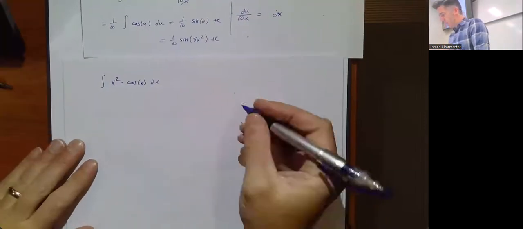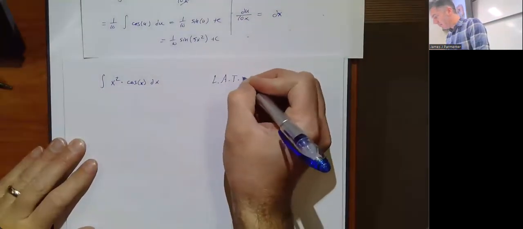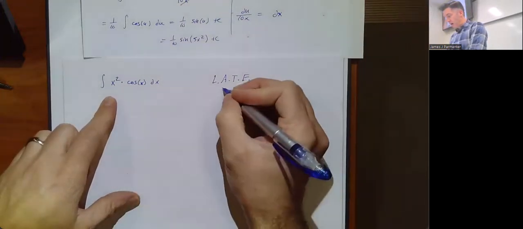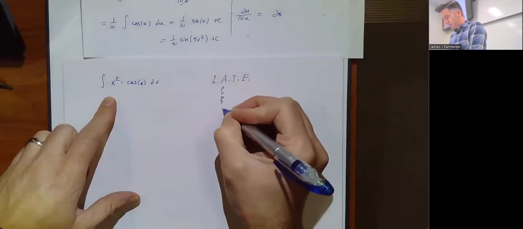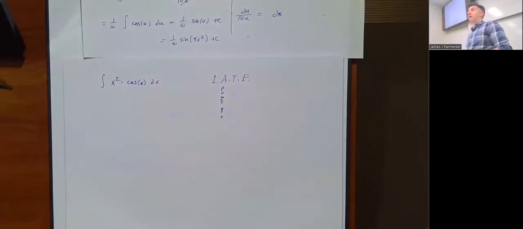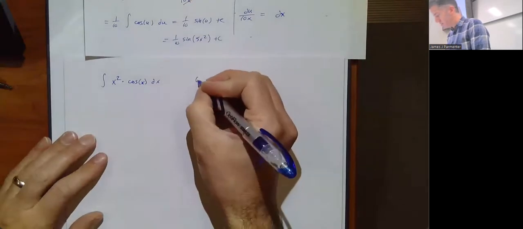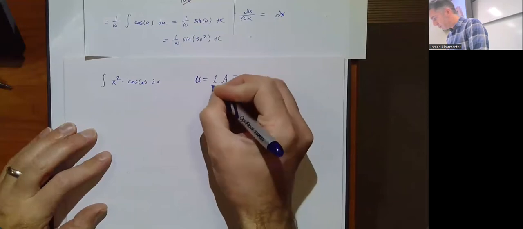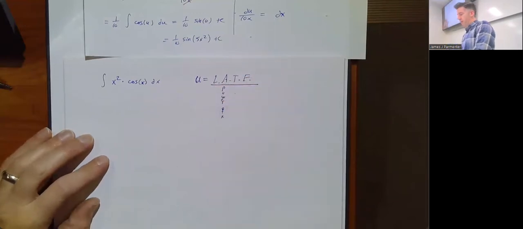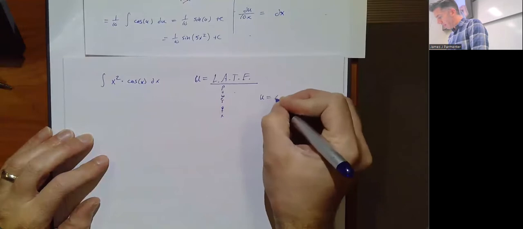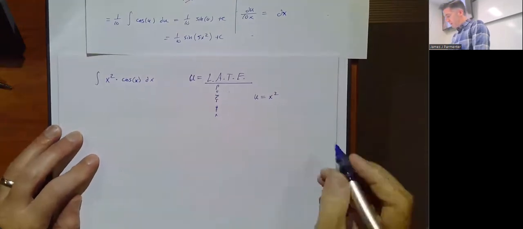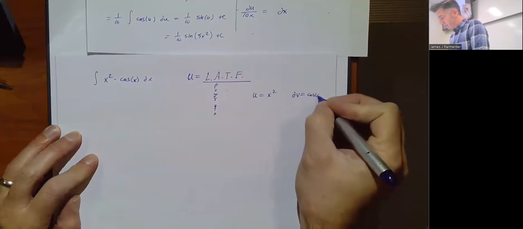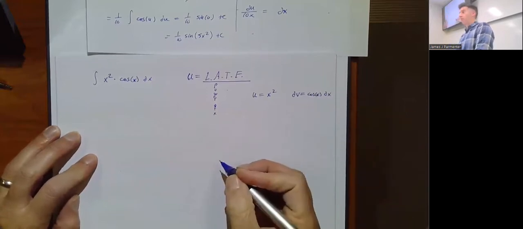Gotta remember our acronym, LATE. We don't have a logarithm, but we do have a power of x, so that's what I'm going to choose for U. U equals x squared, and my dV is the rest: dV is cosine of x times dx.